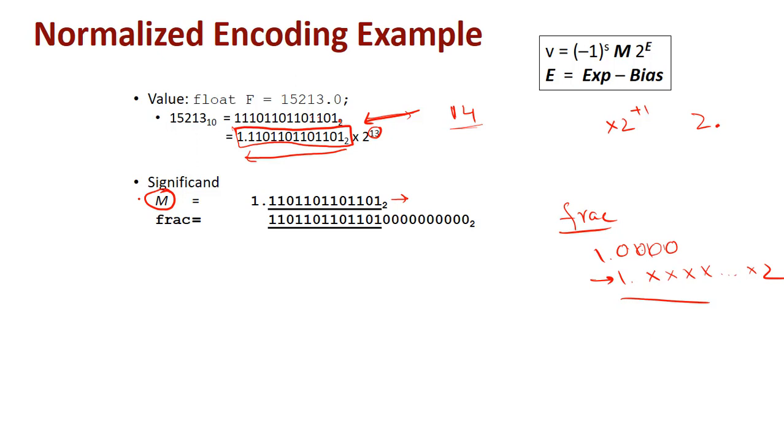But when I encode it into the fractional part, the 23 bits of the fractional part for a 4-byte floating point number, I will omit this leading 1, because I know that in normalized encoding my mantissa will end up in this format.